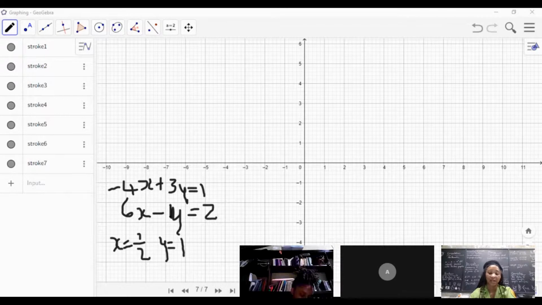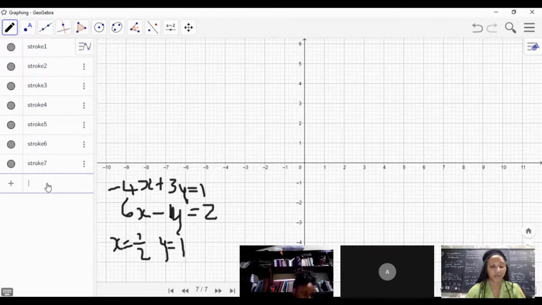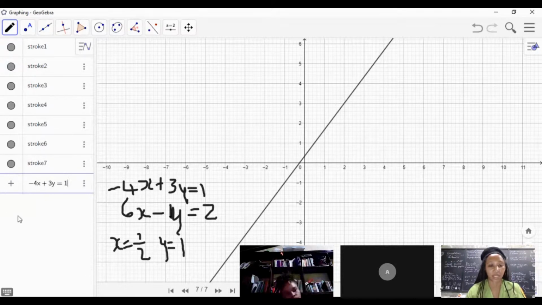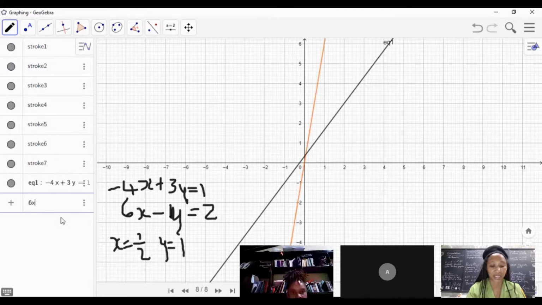All right, so let's go ahead and plot them. And that's how you get half. So the first equation, negative 4x plus 3y equals 1. And the other equation, 6x minus y equals 2.